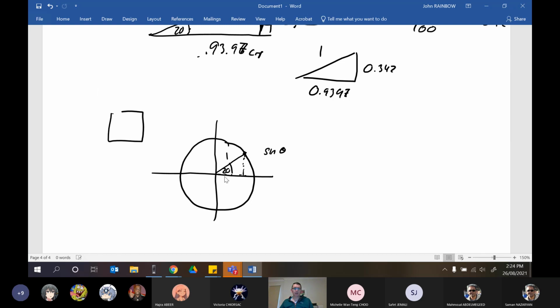And what's my length? My length is actually my x coordinate. And if you think about that, if this is 1, cos, adjacent over hypotenuse, that's going to give you your x coordinate.